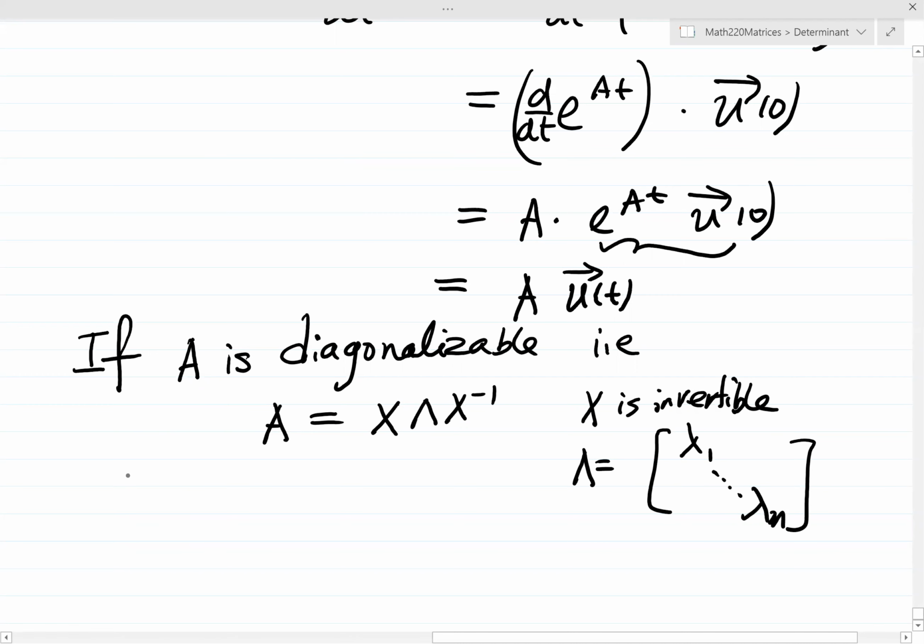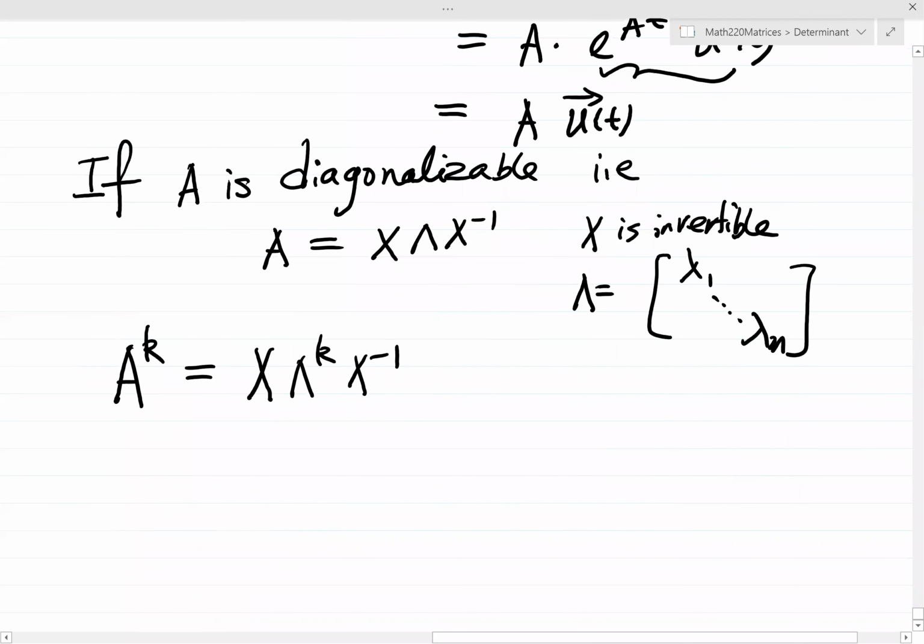Then A to the power k, as we know for a diagonalizable matrix, its power can be easily computed. This is X Gamma to the power k X inverse, so this will be X times diag(lambda 1 to the power k, ..., lambda n to the power k) times X inverse.